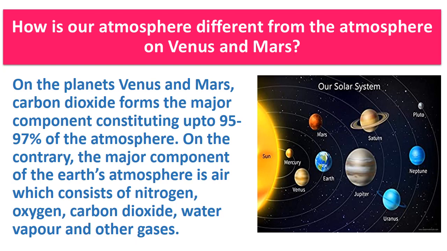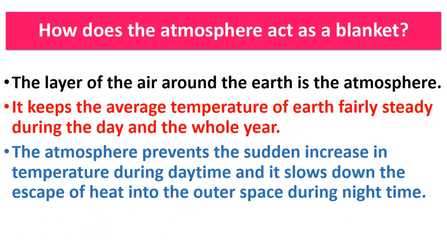Your next question is, how does the atmosphere act as a blanket? So first of all, what is atmosphere? Atmosphere is the layer of air around the earth. Okay, this is atmosphere. Now how is it acting as a blanket?